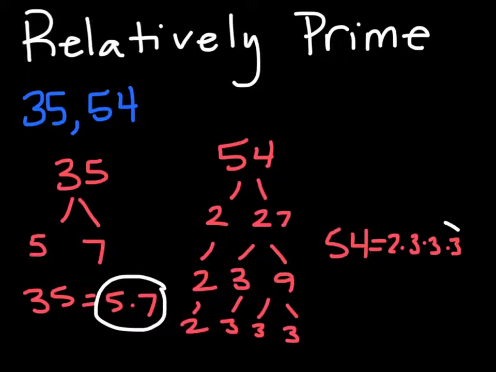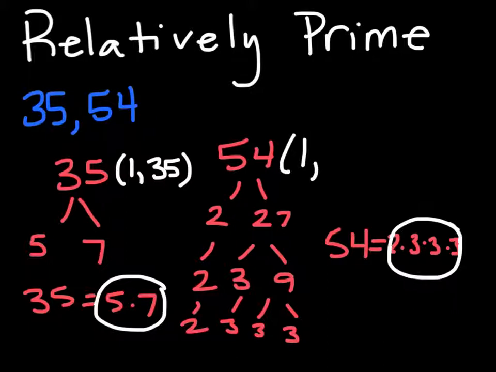They don't share any common prime factors. However, each number can definitely be factored as 1 times itself. So 35 and 54 are relatively prime. They share 1 as a common factor, and 1 is the only common factor.